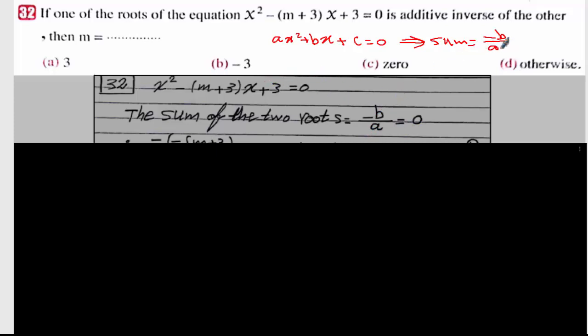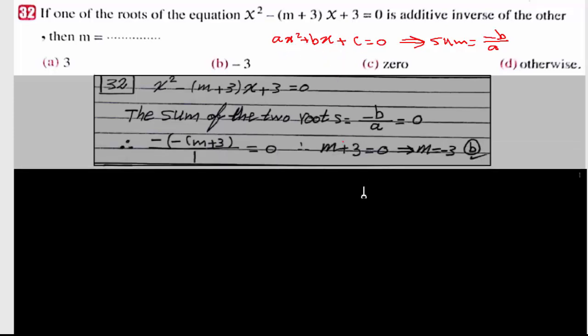Of course, remember that the product of the two roots of this equation equals c over a.